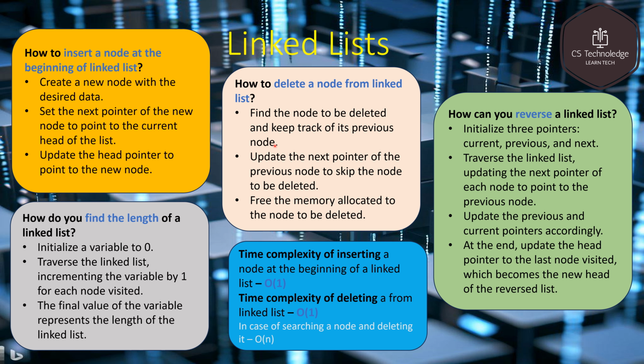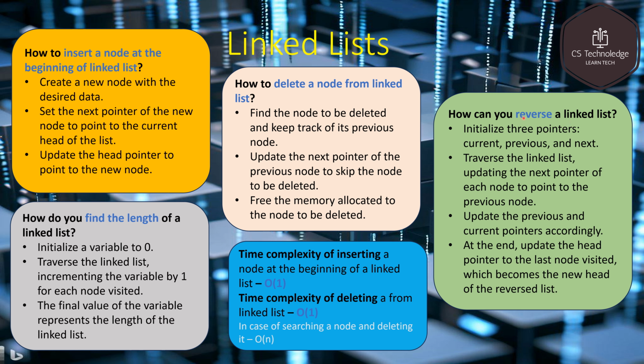Find the node to be deleted and keep track of its previous node. So basically you require two variables here. Update the next pointer of the previous node to skip the node to be deleted. Free the memory allocated to the node to be deleted. Basically you need two pointers: the first pointing to the current node and the other variable pointing to the previous node.